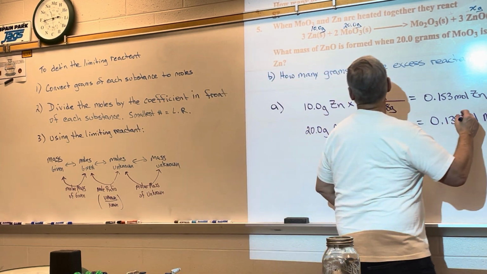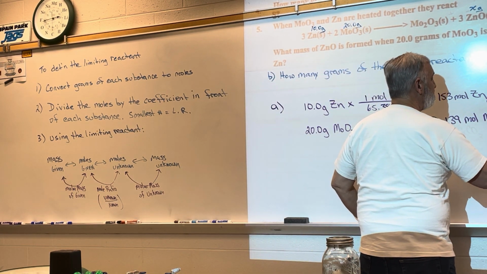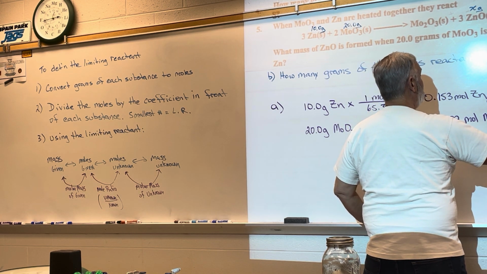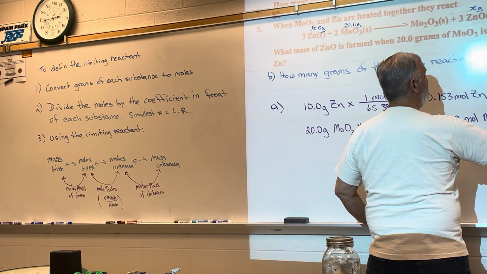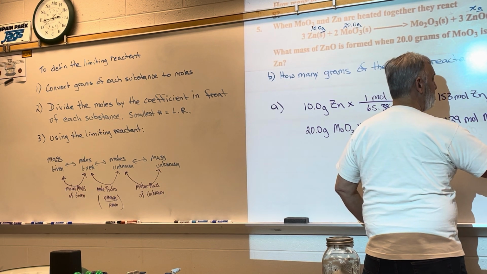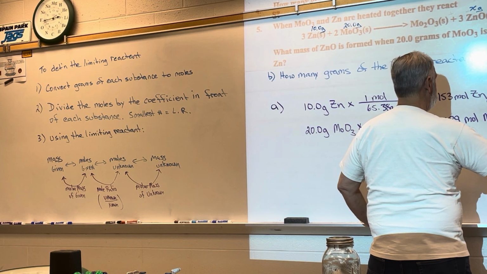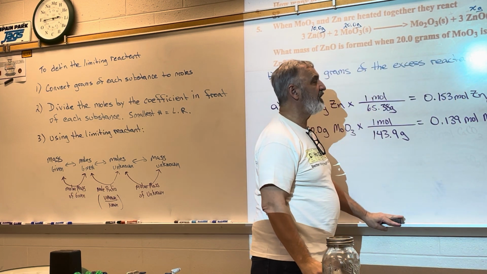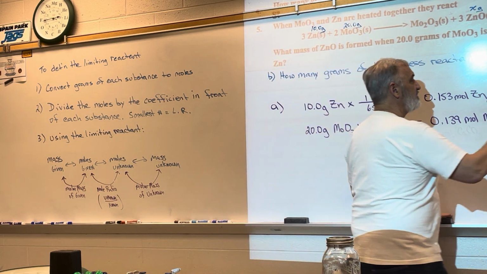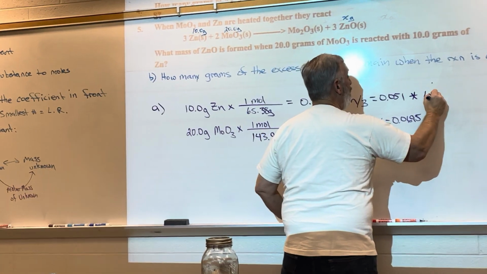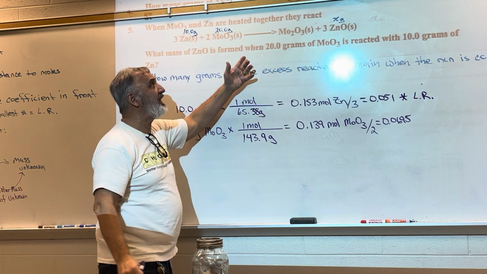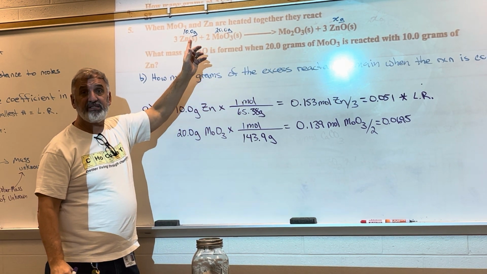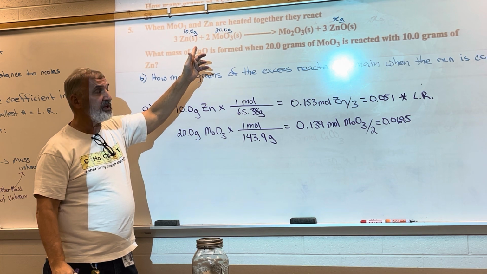So I divide this one by 3, I divide this one by 2. When I divide this by 3, I get 0.051. Divide this by 2, I get 0.0695. Which one is smaller? The zinc. So zinc is my limiting reactant. All that's telling me is I don't have 1.5 times as much of this as I do this.